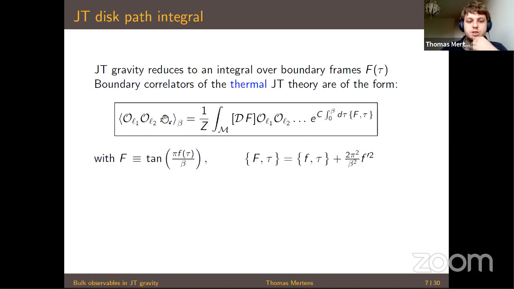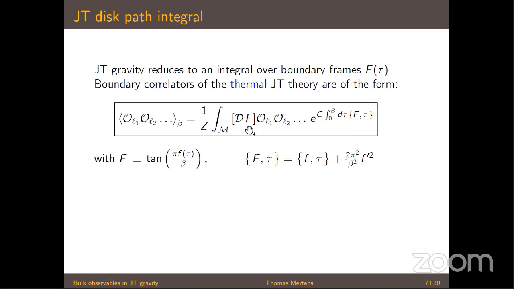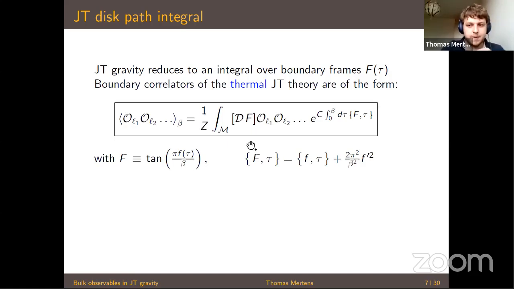I imagine inserting some operators that are functionals of this reparametrization f, and I will tell you on the next slide what I will choose here. And I use this Schwarzian derivative action as the action. Then I'm doing a path integral over all reparametrizations with a suitable measure that I will not tell you more about. I mentioned that I will be mainly interested in the thermal theory.